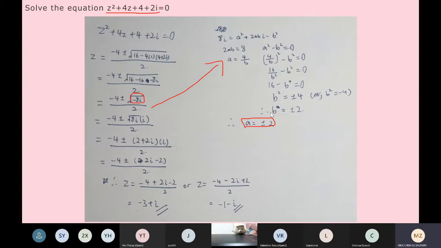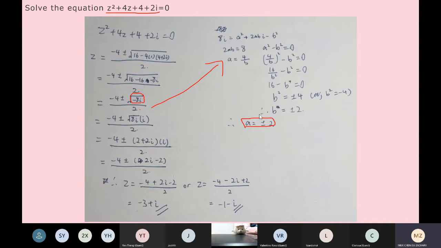Okay, yeah. So basically, if you refer to my working, this is how you do it manually. If let's say your GC is broken like mine, so what you do is what we did just now, how to solve a square root of a complex number. What you realize, you actually get b equals plus minus 2.